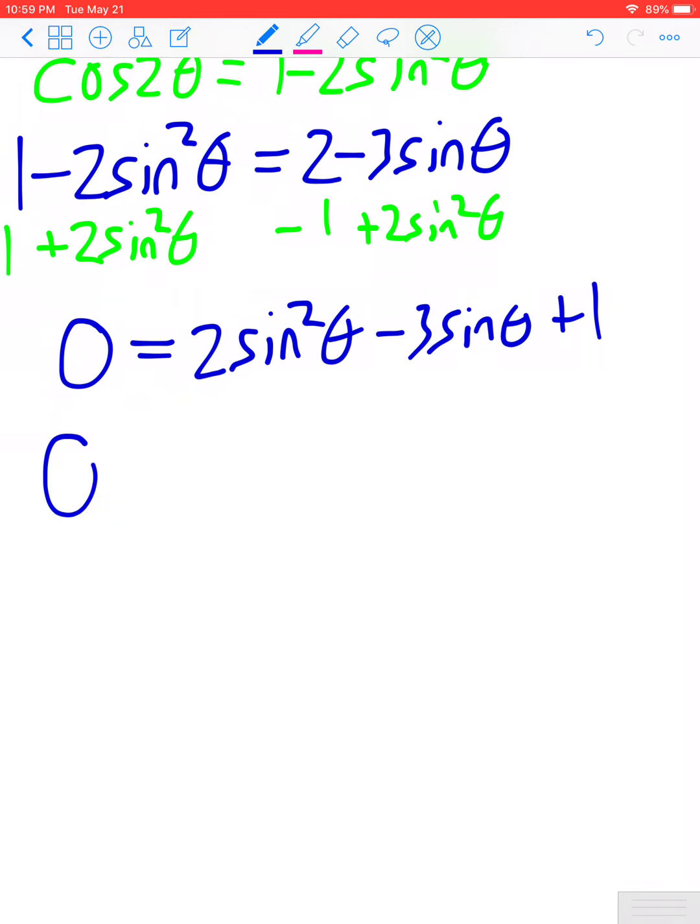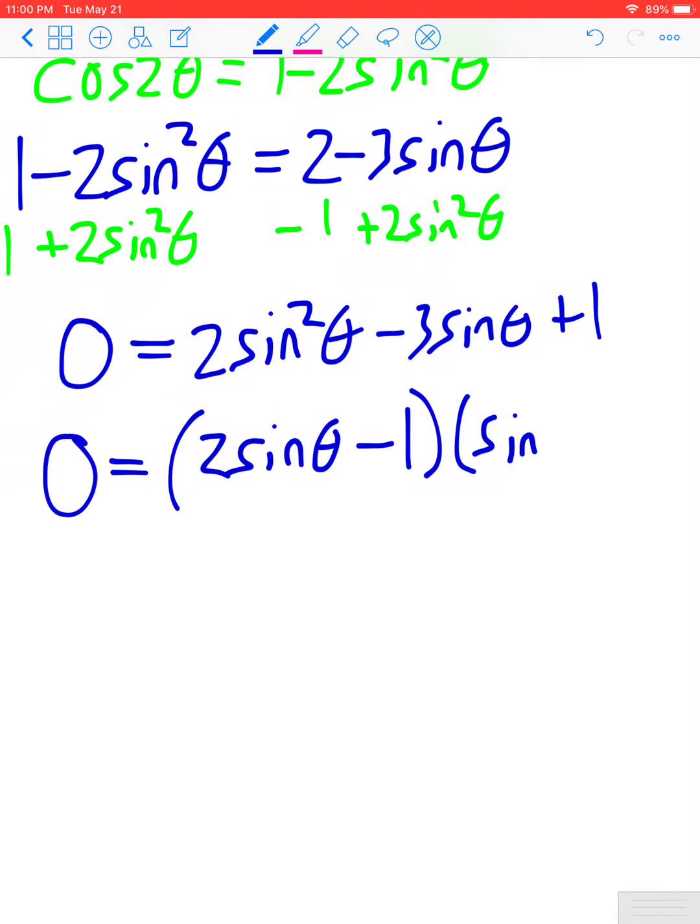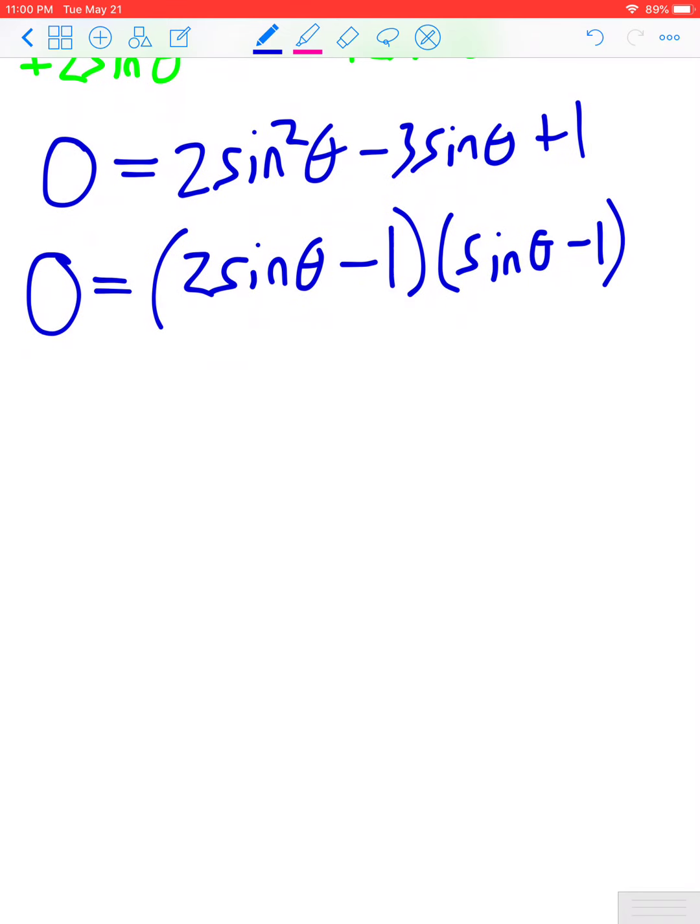To solve a quadratic, we would try to factor it, and luckily this one will factor. This will factor as 2 times the sine of theta minus 1, times the sine of theta minus 1. Once we have it factored, we now would set each factor equal to 0.